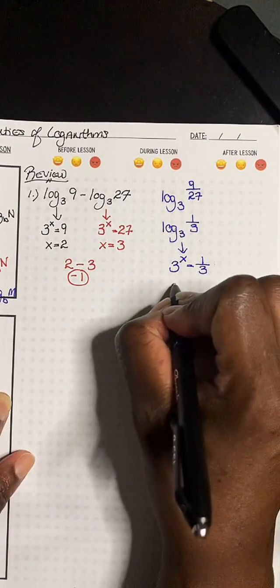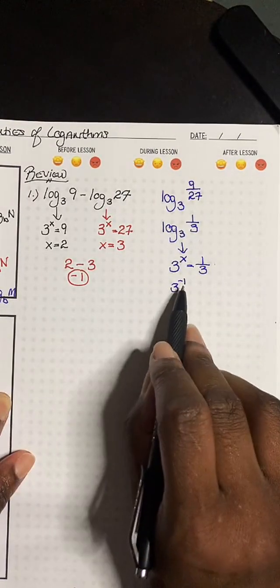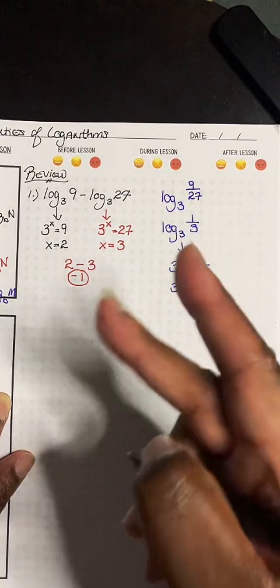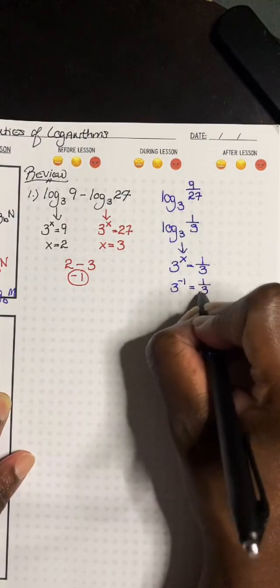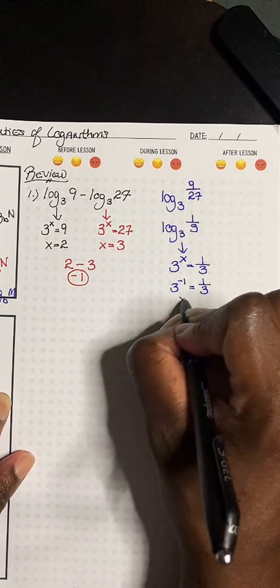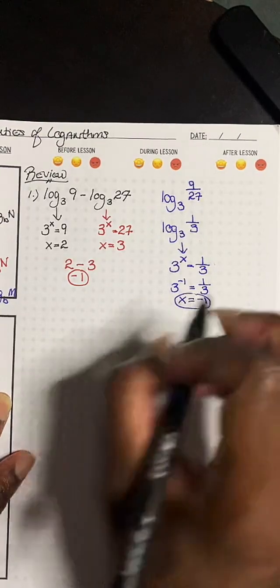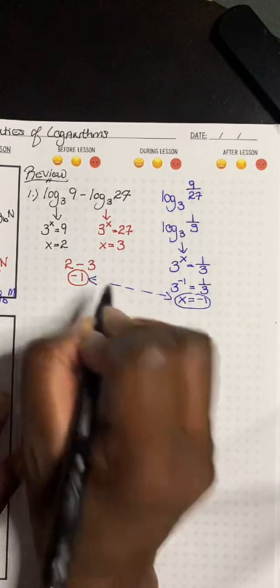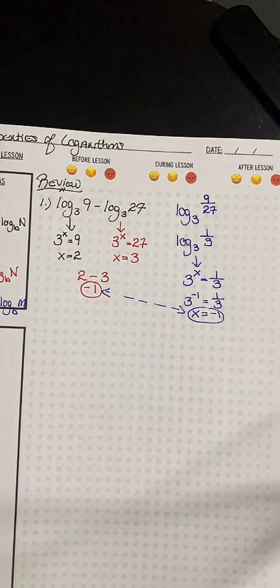So we're looking at 3 raised to the negative first power. 3 raised to the negative first power is the same as doing the reciprocal and making it positive, which gives me 1/3. So your x is equal to -1. And if you notice, we get the same exact answer.